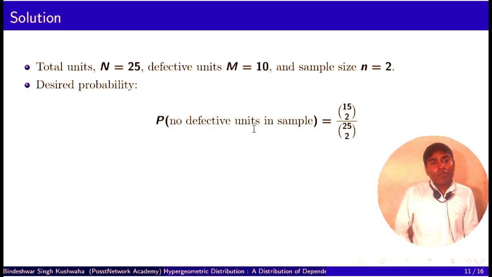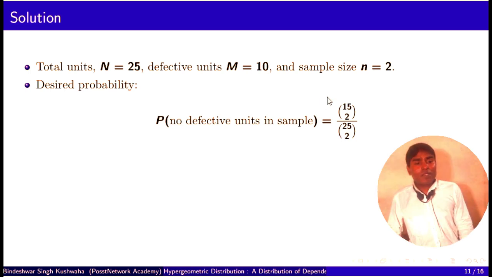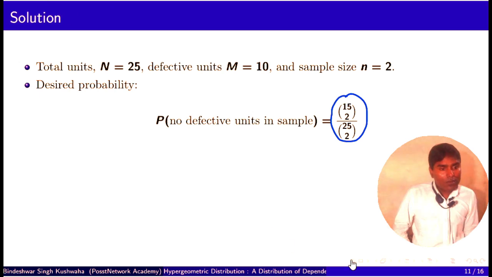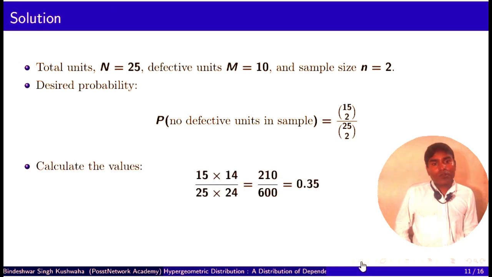Now no defective units in the sample, so that part is 10 C 0 for the defective ones, times 15 C 2, divided by 25 C 2. The probability of no defective units in a sample you can get after calculating this. Finally you will get 0.35.